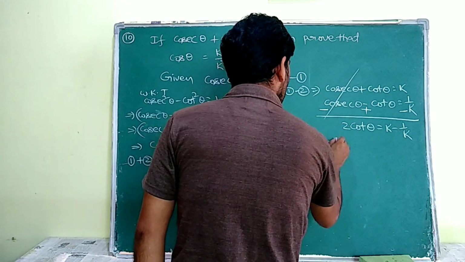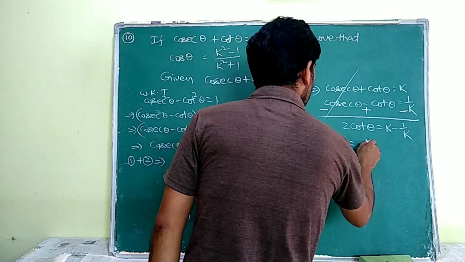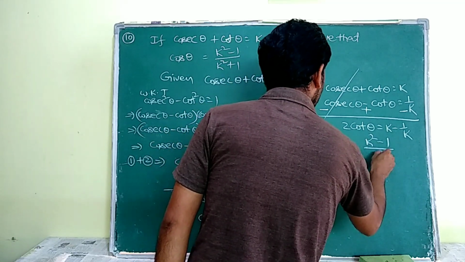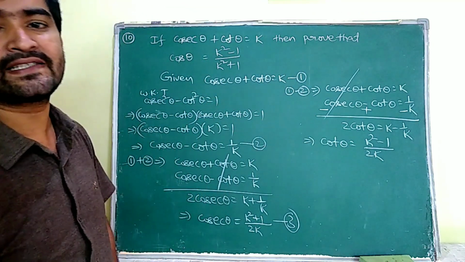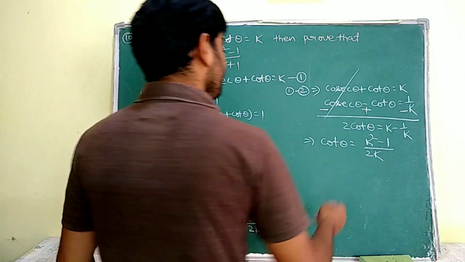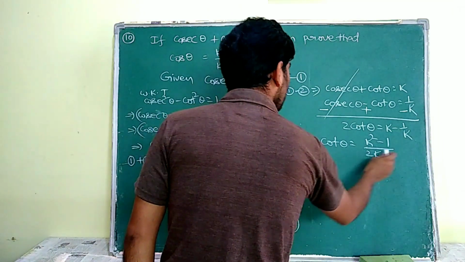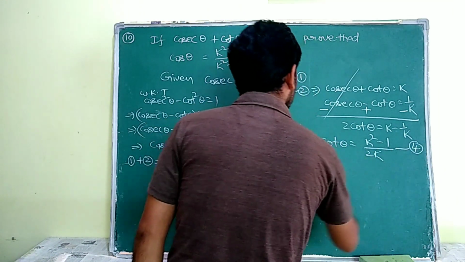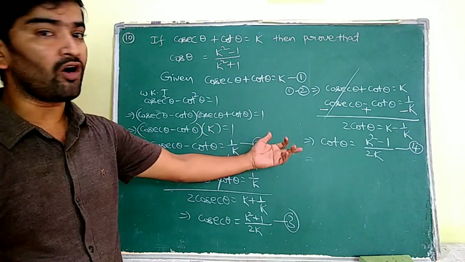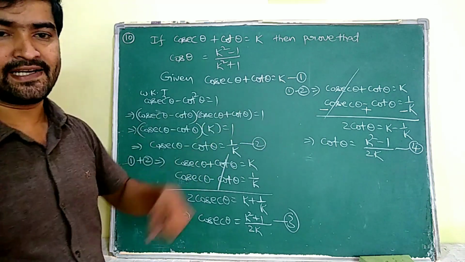By this cot theta is equal to k square minus 1 by k. By shifting this 2 to that side, it goes and divides the denominator. Therefore cot theta is equal to k square minus 1 by 2k. Let it be 4. Cos theta means we know that cot theta by cosecant theta.